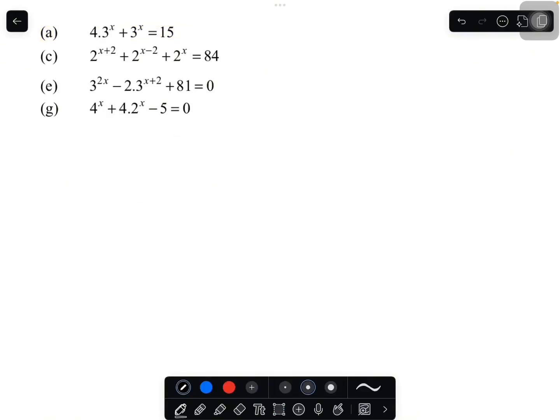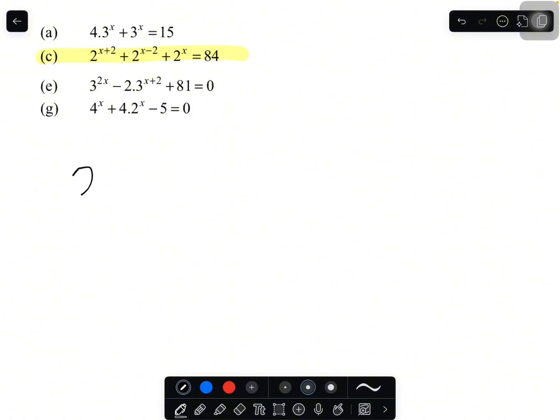Let's move on to a slightly more challenging question. And here we're going to be working with this question right here. If we look, what can we see is our common factor? And it's 2 to the power x. But we have other things in our exponent. So let's rewrite it where they're just terms without any extra addition or subtraction in our exponent.